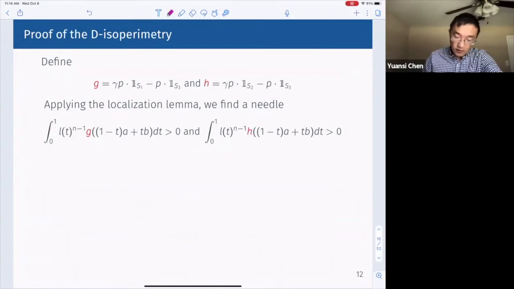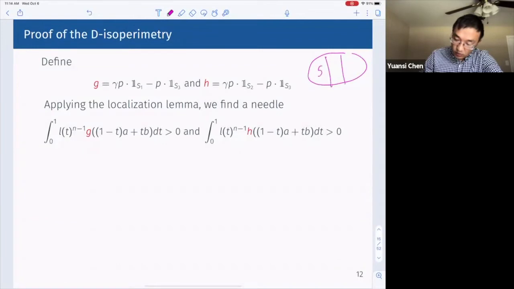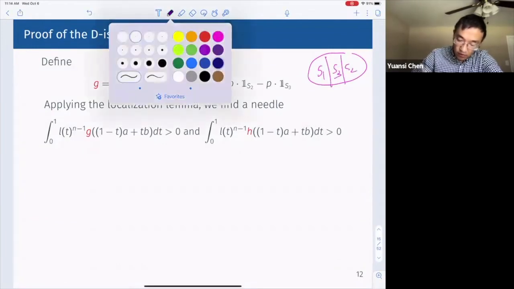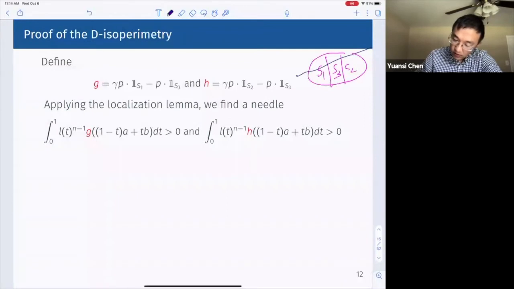And instead of considering things in a high-dimensional space, like S1, S2, S3, now you have a needle that partitions the space in the one-dimensional case, like this, called C1, C2, and C3.